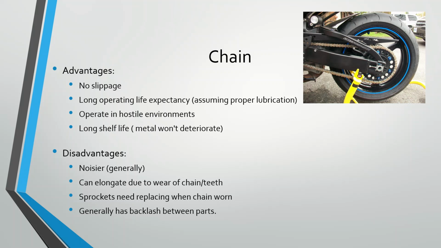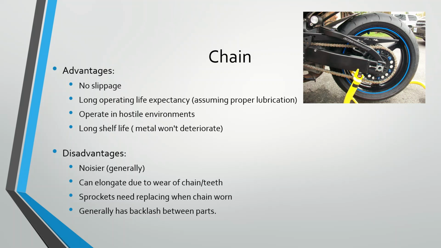A chain has no slippage. That's an advantage over a V belt. A timing belt, of course, is not likely to slip, but a chain is even less likely to slip than a timing belt is. They have a very long life as long as they're lubricated.